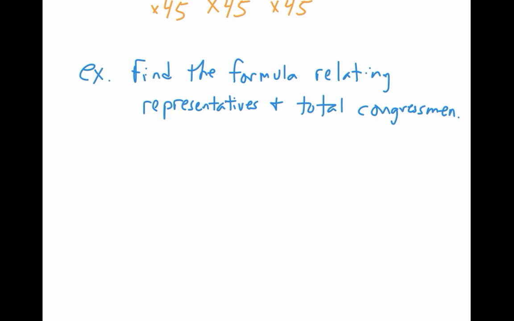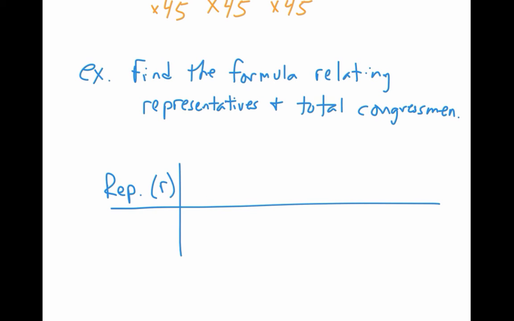Or congresswomen for that matter. So I'm going to have my top row be the representatives, and I'll just make that be a lowercase letter r. The bottom row will be my congressmen. I'm just going to do C-O-N-G and make that a C.